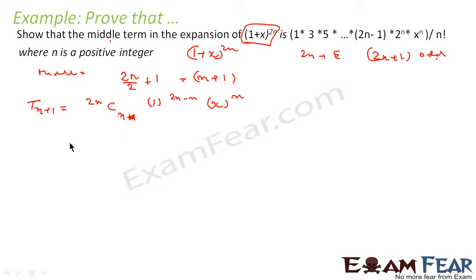This is the t(n+1) term. This is nothing but 2n C n x^n.